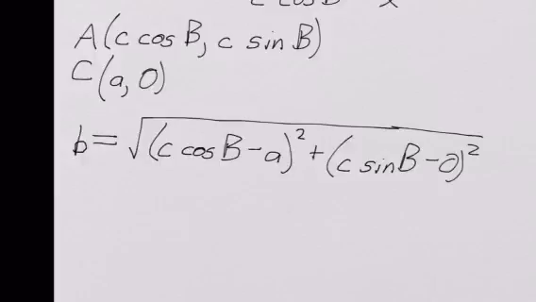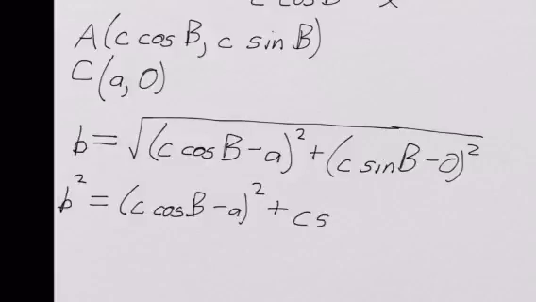And in this case, we don't want to be messing around with that square root. We're going to go ahead and square both sides to get b squared is equal to (c cosine B minus a) squared plus c squared sine squared B. I went ahead and applied the squaring there as well.